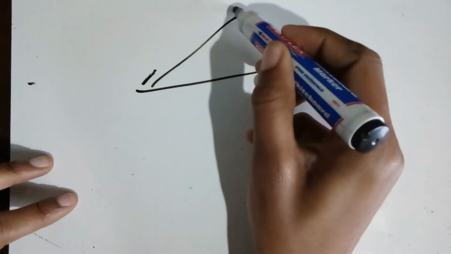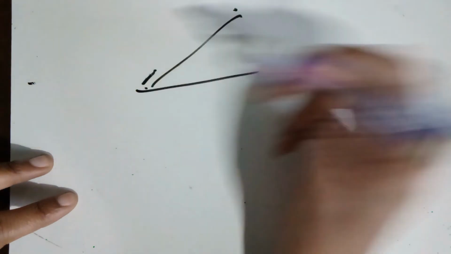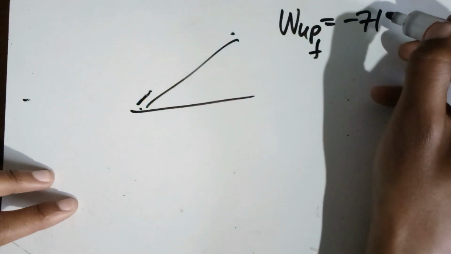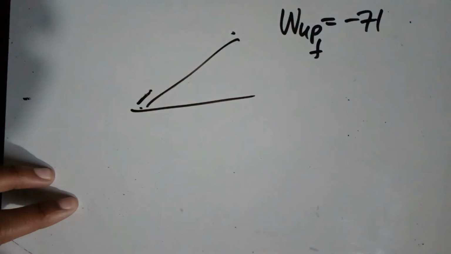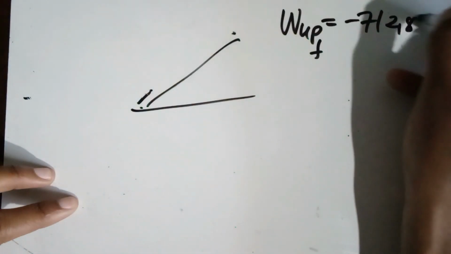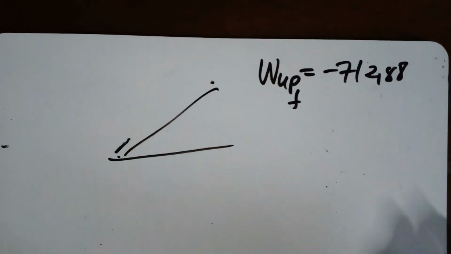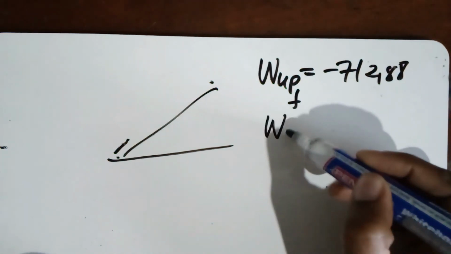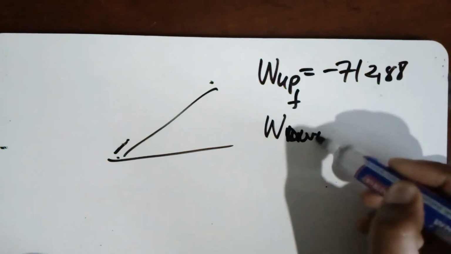So remember, when it was moving up, we found the work done by friction to be negative 712.88. Even when it moves down, the work would still be negative 712.88 joules.